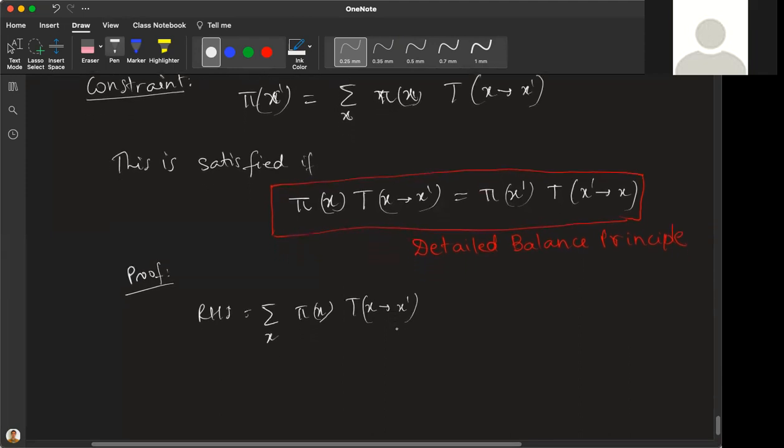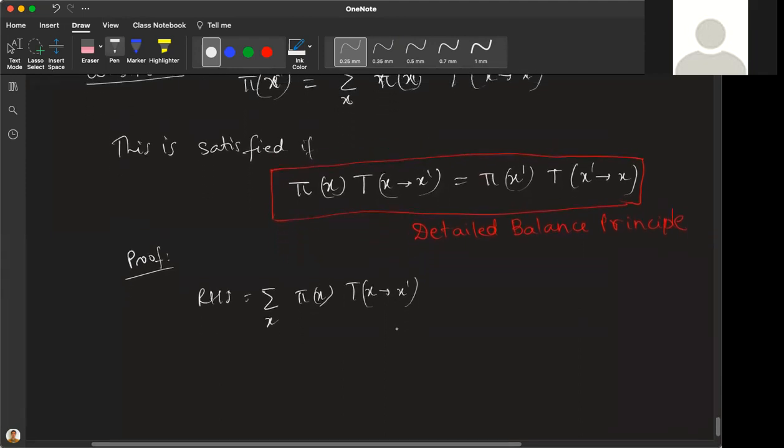Now, pi is the true distribution and T is the Markov chain which we have defined. Now, T of x to x dash times pi x is equal to this thing, so I can replace this whole thing with pi of x dash times T of x dash to x, summation over all x. Now see, this term is independent of x, so it can come out.